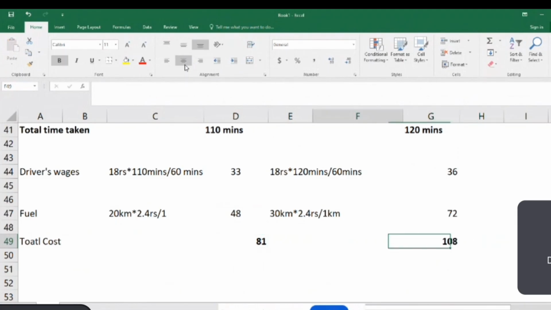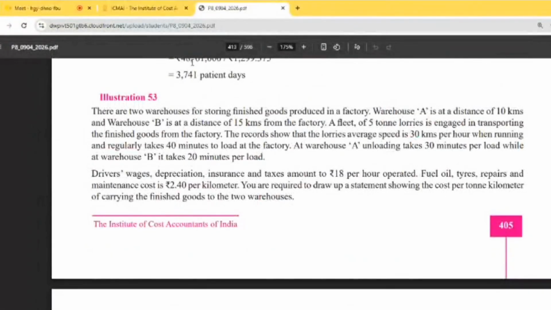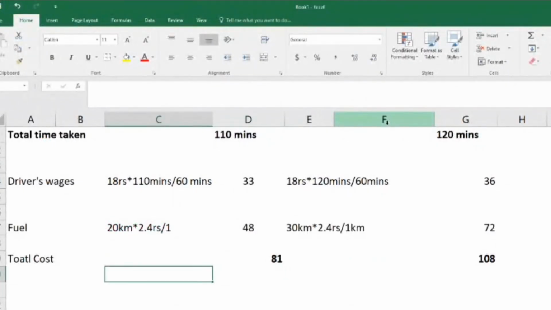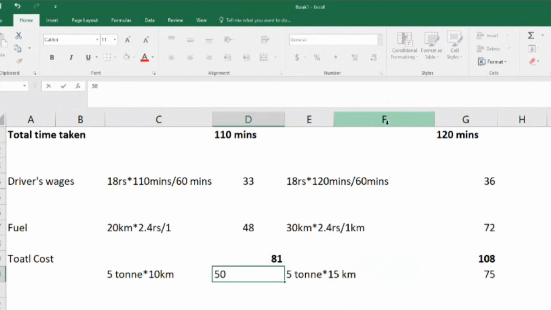You are receiving 108 and 81 as your cost. Now for 5 ton, in the second line itself they have mentioned 5 ton lorries. 5 ton into how many kilometers? Into 10 kilometers. And if you come here, it is 5 ton into 15 kilometers. It will come to 50 here, and here it comes to 75. These many kilometers you are traveling.